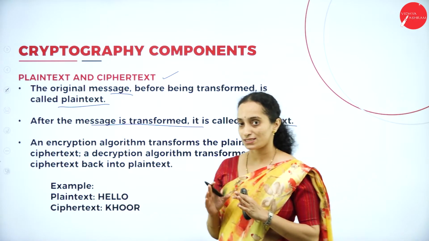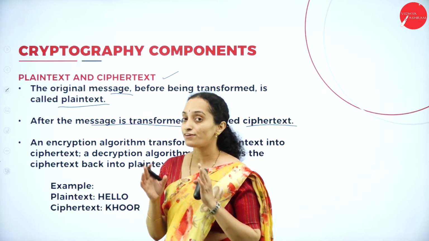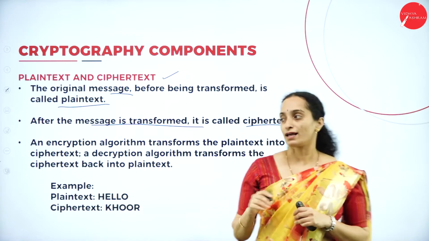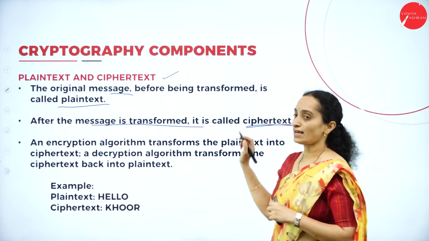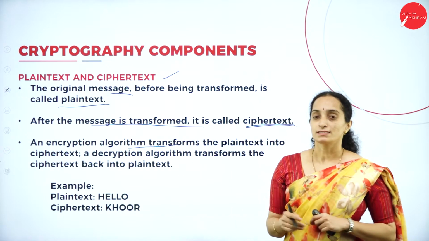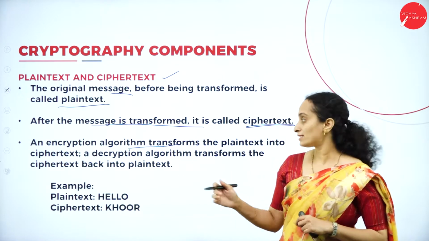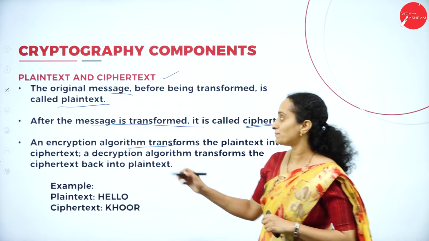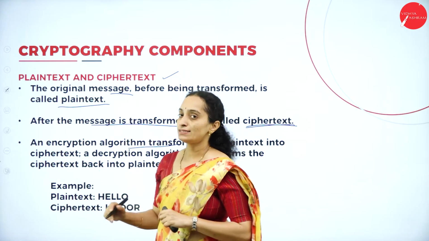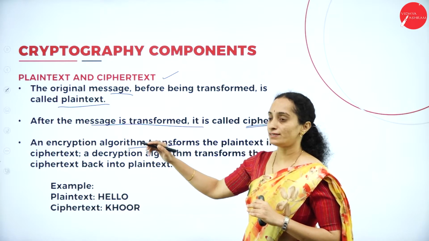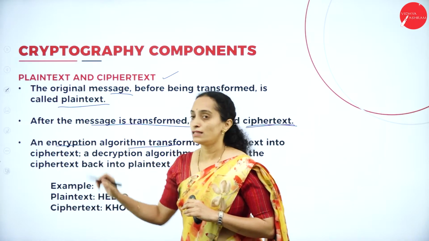It is not the original text, it is the ciphered text or transformed text, simply recognized as ciphertext. Okay. There will be certain algorithms which perform the encryption and decryption. Transforming the plain text to ciphertext will be done by the encryption.